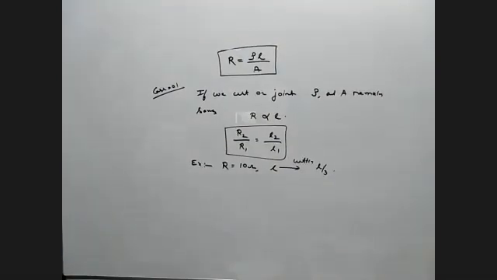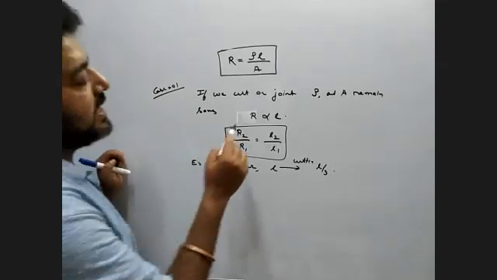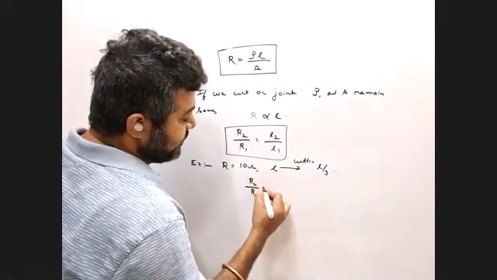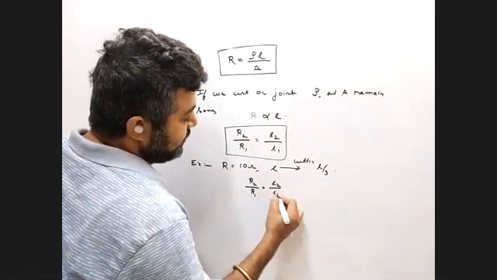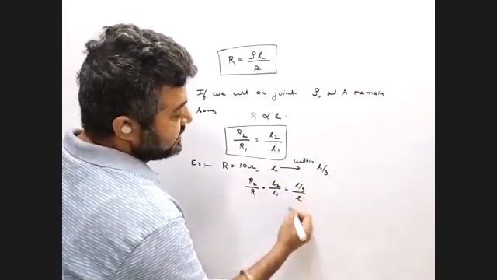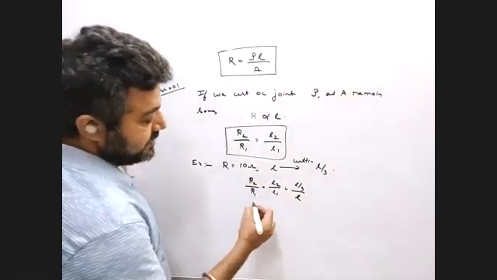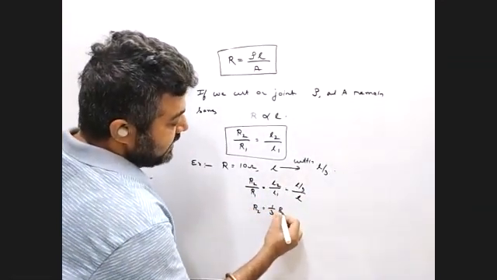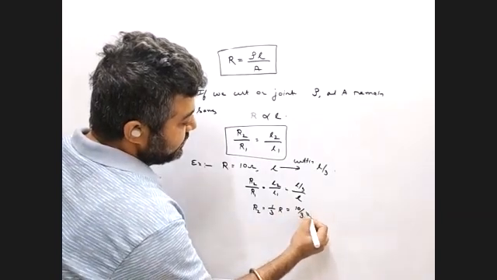It's very simple. As R is directly proportional to L, R2 by R1 is L2 by L1. The final one is L by 3, the initial one is L. If we cut it into 3 parts, R2 is 1/3 of R, that is 10 by 3 ohm.